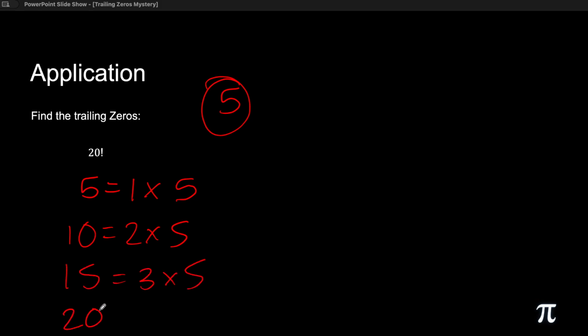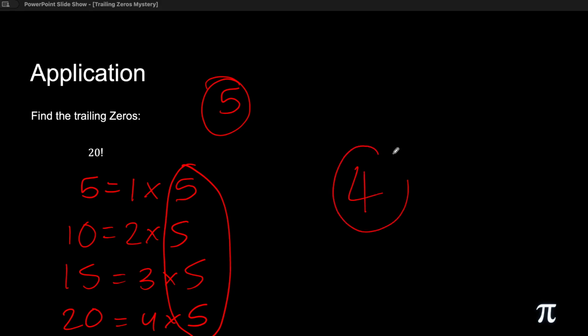And 20 is equal to 4 times 5. So we see that if we look at the prime factorization of these, there are 4 5s. So because there are 4 5s, that in turn gets us 4 trailing zeros, because that means we can make at least 4 products of 10.